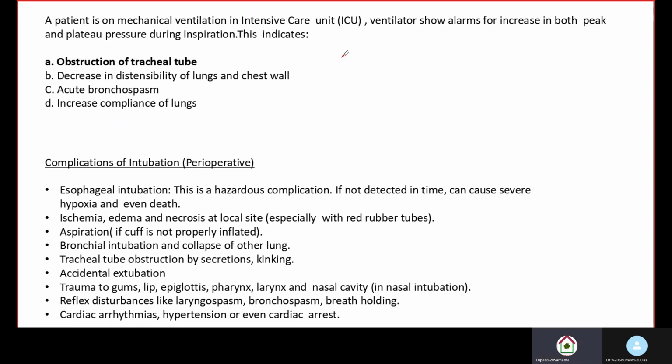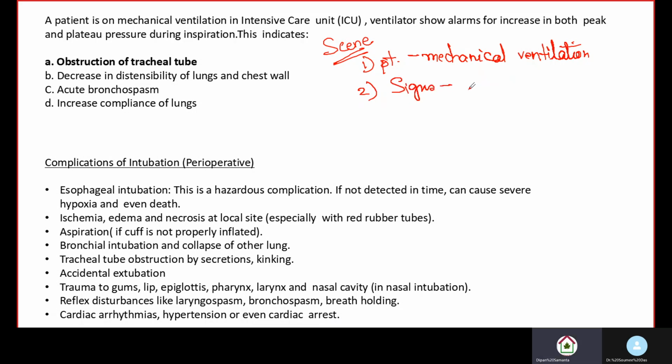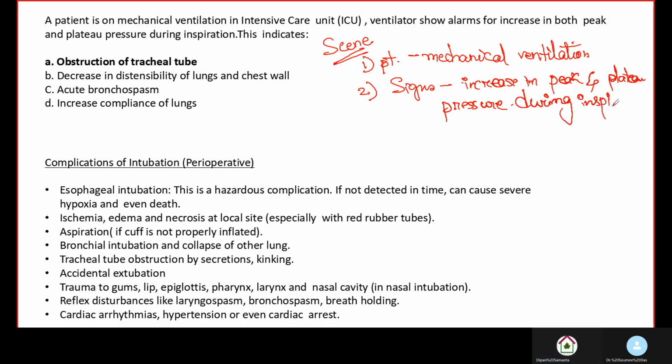So the patient is on mechanical ventilation in the ICU. The ventilator is showing alarms for increase in both peak and plateau pressure during inspiration.